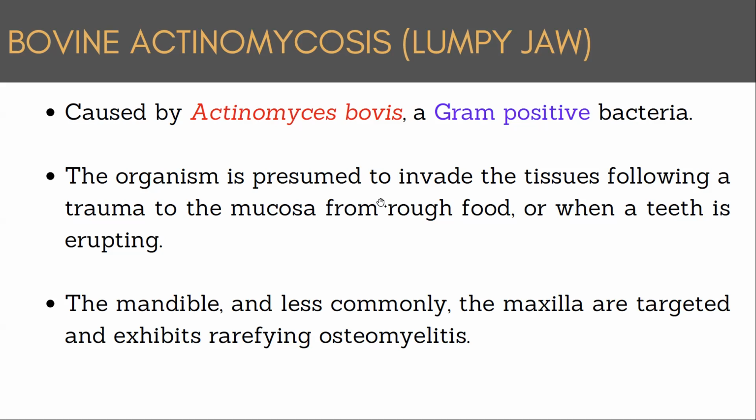So if nasugat yung jaw around the mouth area, dito na papasok si bacteria, si Actinomyces bovis. Usually tina-target niya daw ay mandible, and exhibits rarefying osteomyelitis, inflammation of the bone cells. So anong mangyayari?